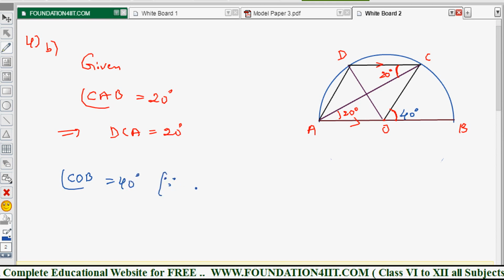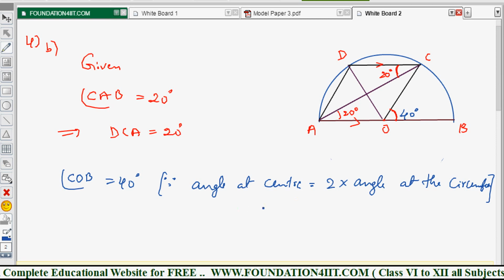The reason is: angle at the center is equal to 2 into the angle at the circumference, for the remaining part of anywhere in the circle.